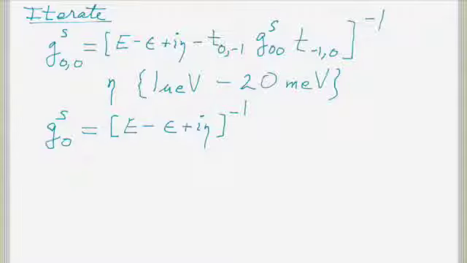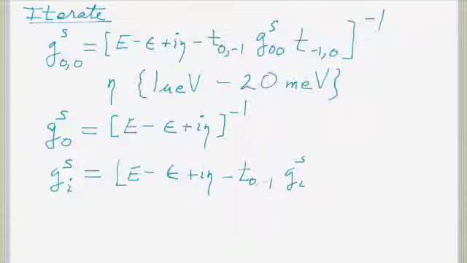You just keep feeding back: G_S,i, where i is your iteration number, is equal to the inverse of E minus epsilon plus i eta, minus T_0,-1 G_S,i-1 T_-1,0, the whole thing inverse.